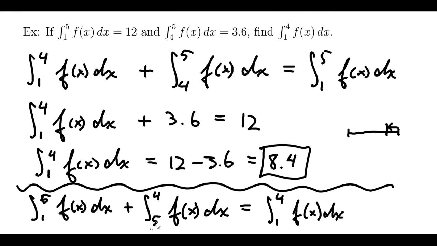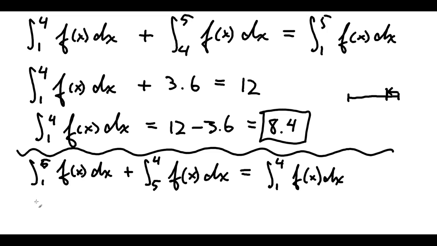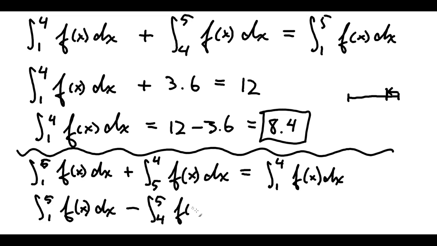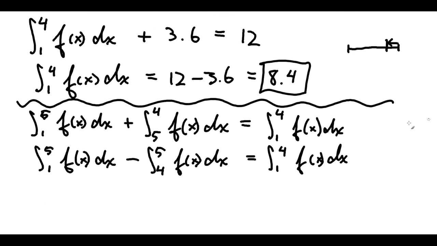Now we don't have the integral from 5 to 4, but we do have the integral from 4 to 5. So I can write this as the integral from 1 to 5 of f of x dx plus the negative of the integral from 4 to 5 of f of x dx, and now we can plug in these things that we know, right? We were told that this is 12. We were told that this is 3.6.